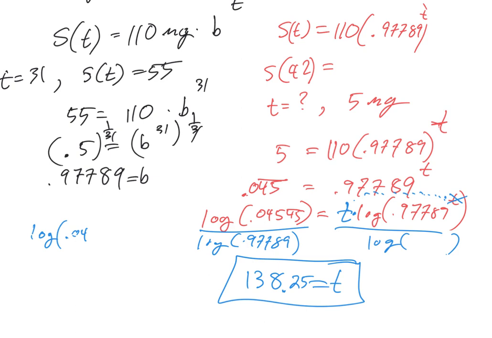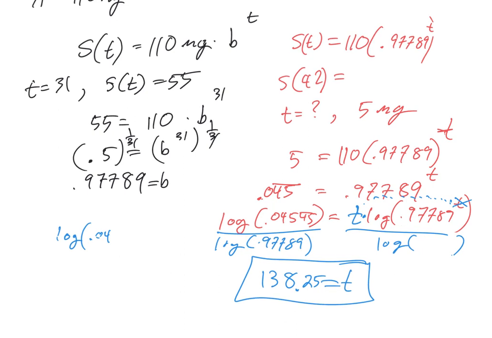But as always is the case, I'm typically looking for process and procedure more than final answer anyways, but rounding oftentimes is your downfall. So our final answer is 138.25 hours. I am all the way down to a 5 milligram amount of this radioactive substance.